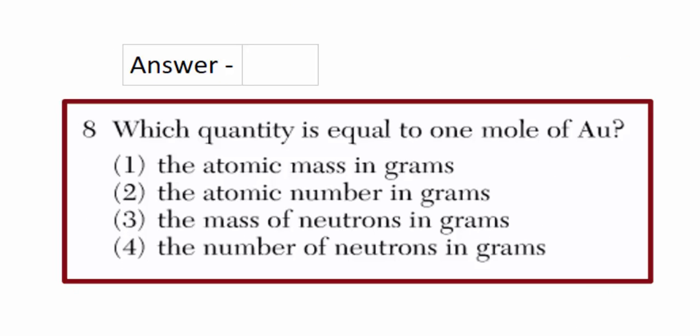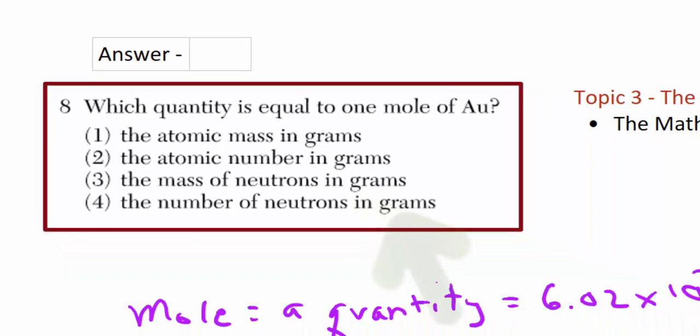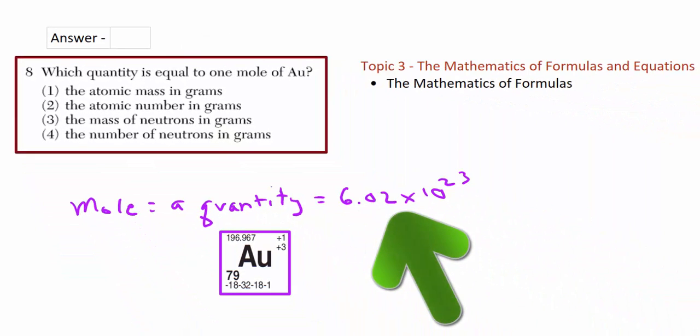Question 8. Which quantity is equal to 1 mole of gold? Symbol Au. To answer this question, you need to know precisely what a mole is. A mole is a quantity equal to 6.02 times 10 to the 23rd particles of something.